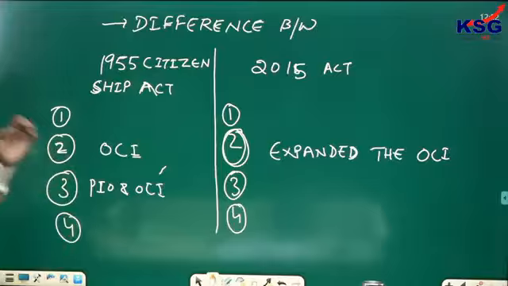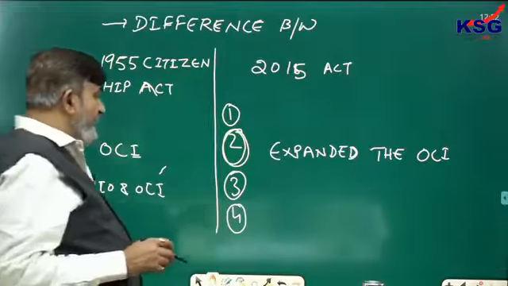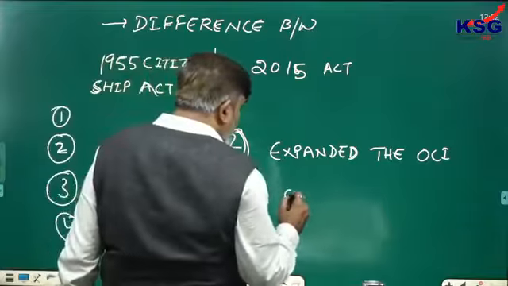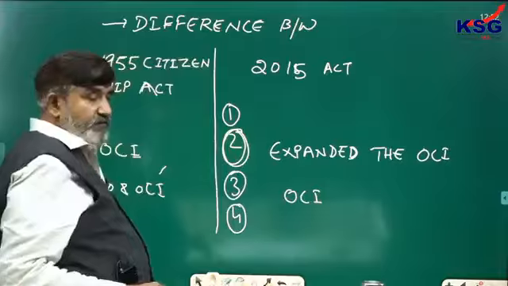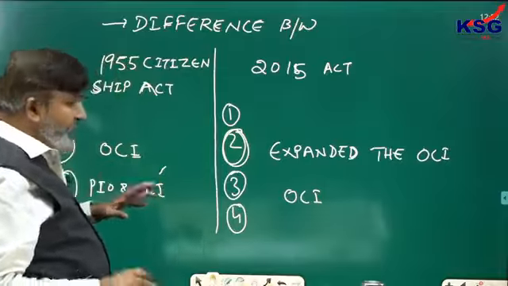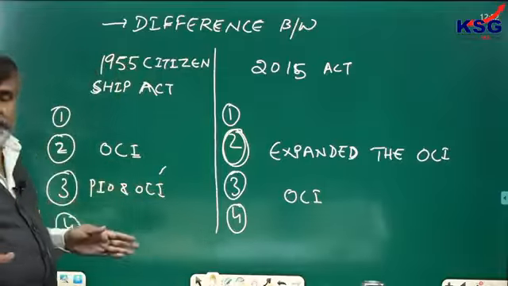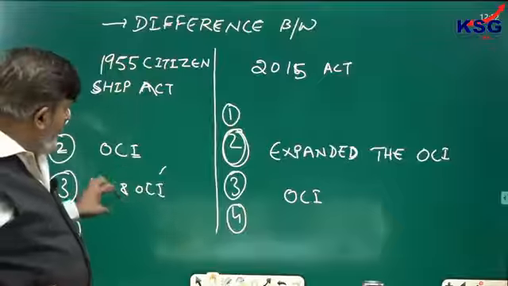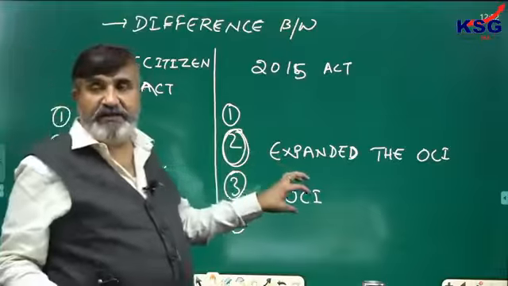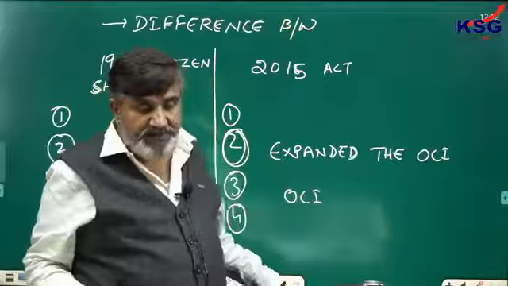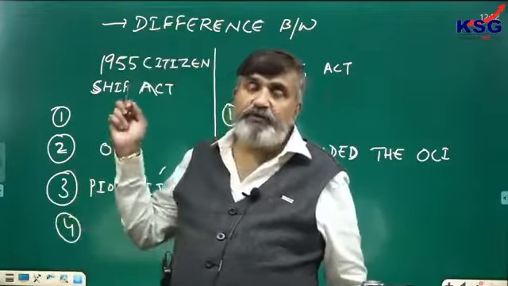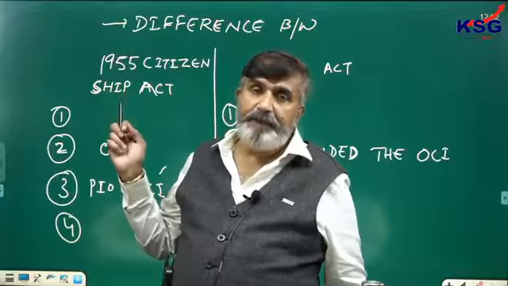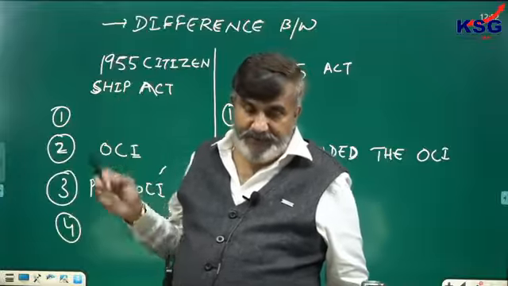So the 2015 Act merged both the PIO and OCI card into a single OCI card, because it did not want to discriminate between its diaspora. That's why both the cards were merged into a single OCI card, meaning all PIO card holders were upgraded to OCI card holder automatically, right?